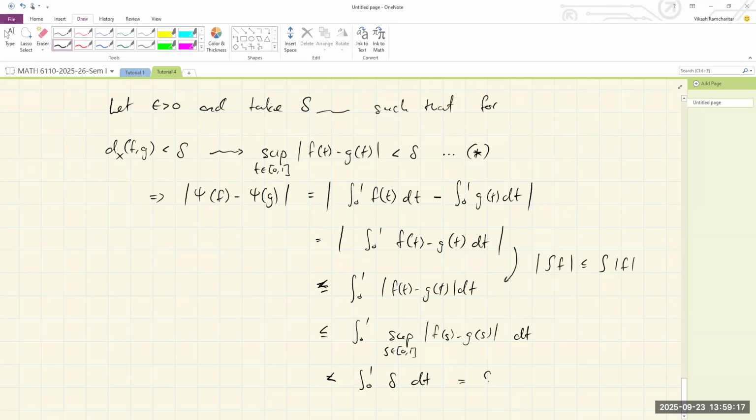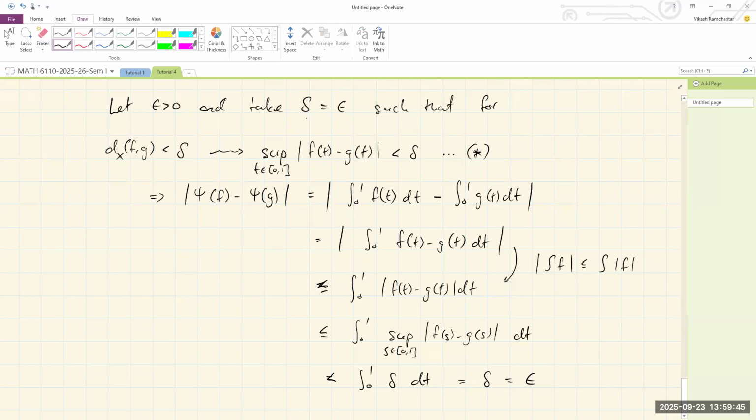So this is just equal to delta, but I need it to be less than some epsilon. So I set delta equal to epsilon, and now I can come back all the way to the top and say take delta equal to epsilon. What did we show? We showed that for any epsilon you give me, I can find a delta. How do I find it?